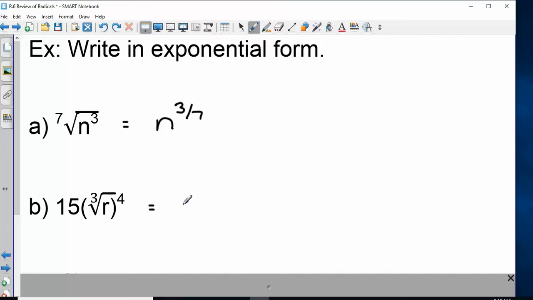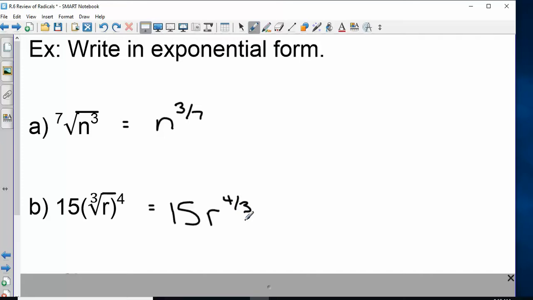What do you guys think? Well, on the last one, everybody was quick to say the answer. So what's the problem on this one? What's different? Parentheses. Okay, the parentheses. Is anything touching my 15? No, so that just stays. These parentheses really make no difference. They can be there, they don't have to be there, it doesn't change anything. So it's the cube root of r to the 4th, so that's just r to the 4/3 power.